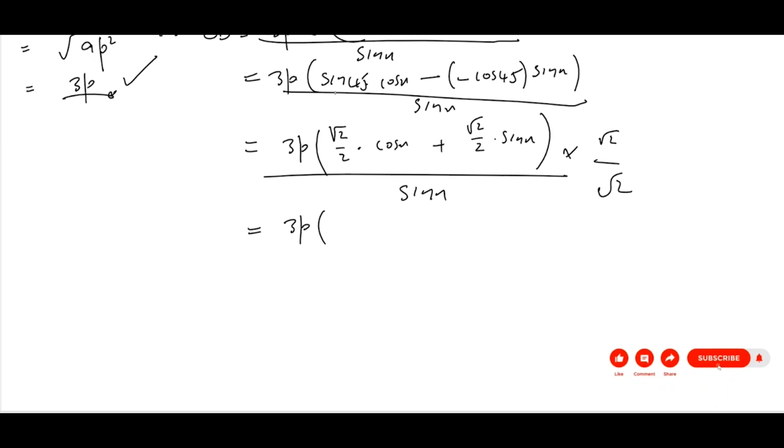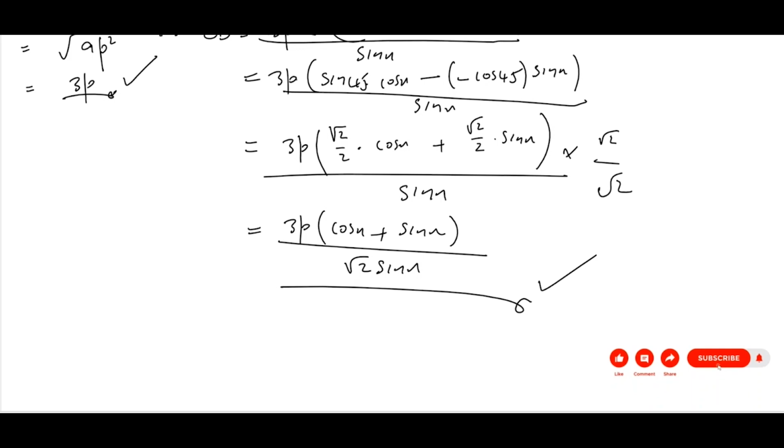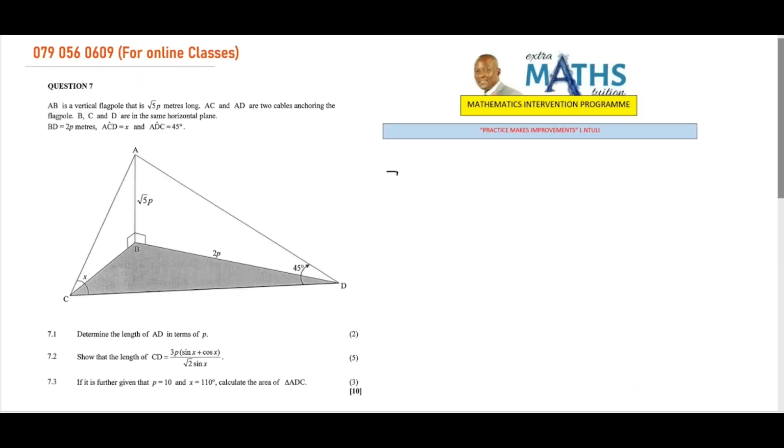Remember that root 2 times root 2 will be 2. 2 divided by 2 is 1. Cos x plus sine x over root 2 sine x. Easy. Let us look for the last part, which is 7.3.